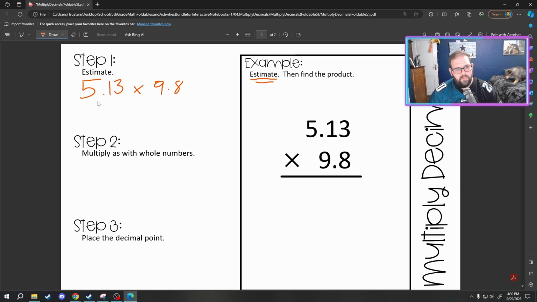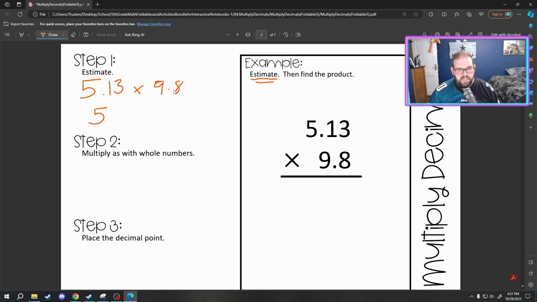Remember with rounding, we are rounding to the whole number here. So we are looking at the tenths place value whenever we round to the whole number. For 5, we take a look at our tenths place value, which is 1. So we keep this 5 because 0 to 4 stays the same, and 5 to 9, we increase the value by 1.